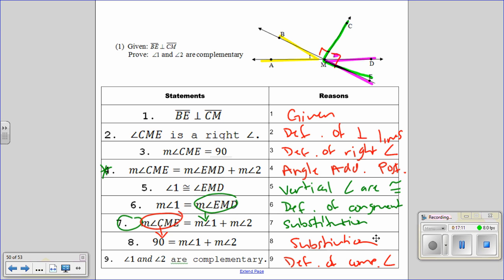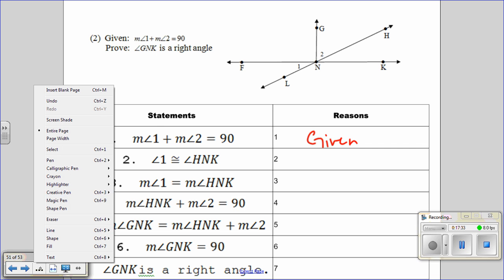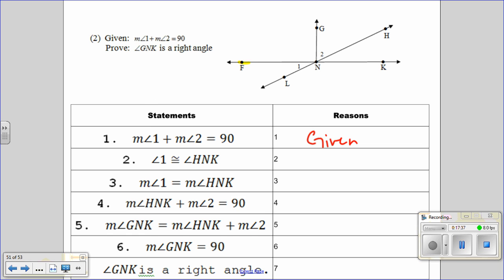We have one more example. All right. It says the measure of angle 1 plus the measure of angle 2 is 90 degrees. So that's given information. Then it tells us that angle 1 is congruent to angle HK. So let's highlight both of those so you can see it clearly. Here's angle 1.